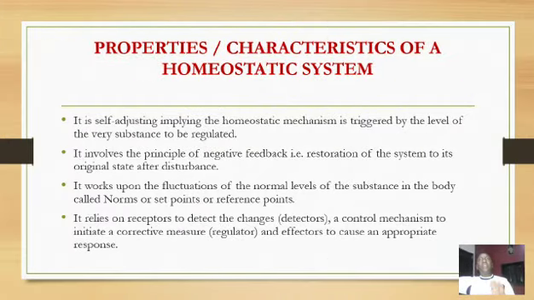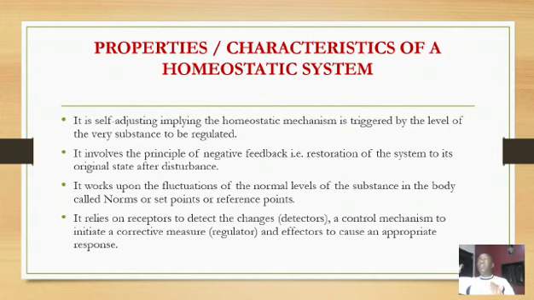Therefore, we cannot have homeostasis if there is no negative feedback, if there is no restoration of a system to its original state after disturbance. Whenever a system is disturbed, it must be restored to its original state, and that is what we are calling negative feedback.